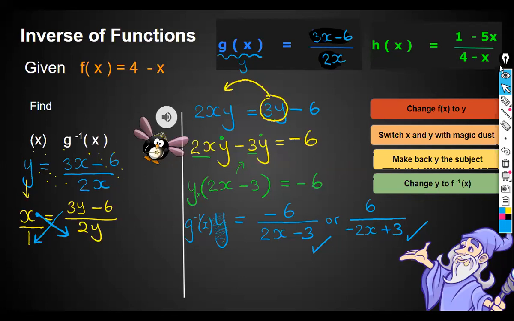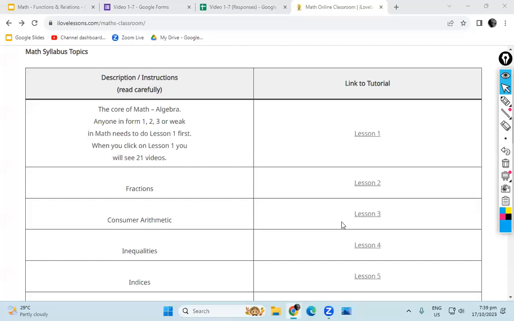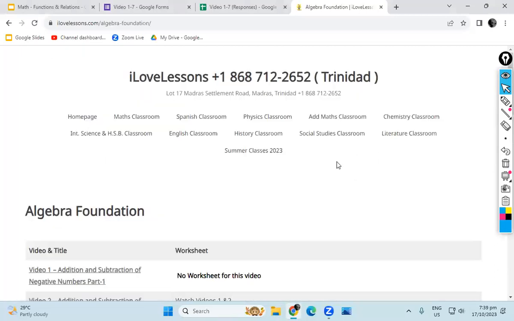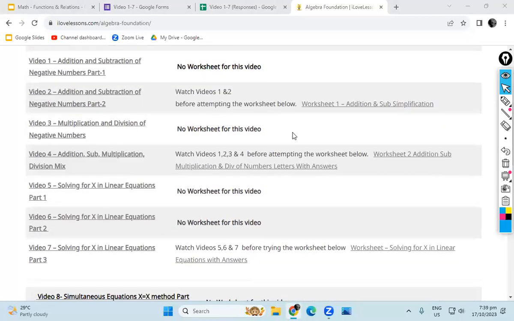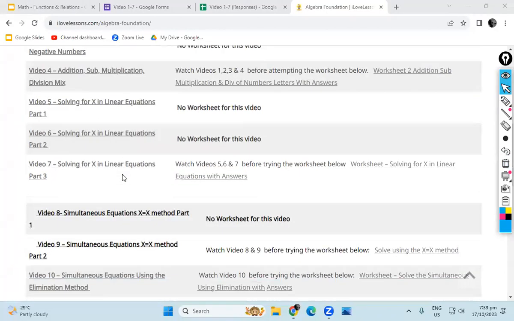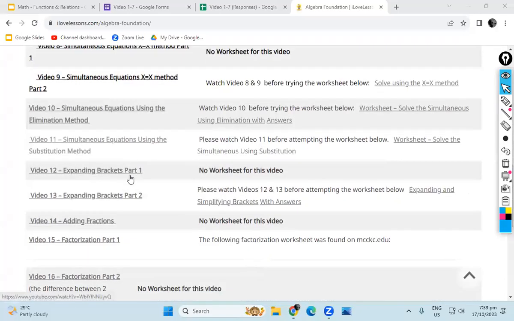Great. So guys, this is basically the last thing I had to show you in functions. The new homework is to go back inside lesson 1 in the maths classroom. You all already did the first 7 videos, and this is what the whole test is based on today. But for the homework, if you scroll down, you will see a lot more videos.